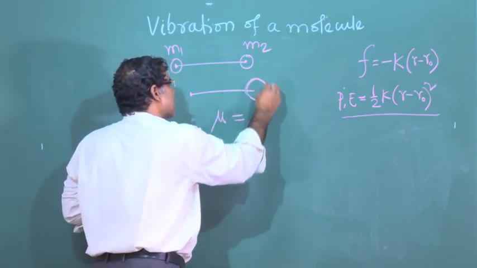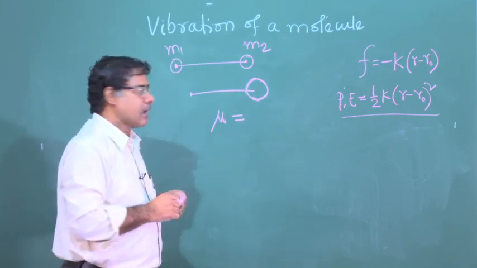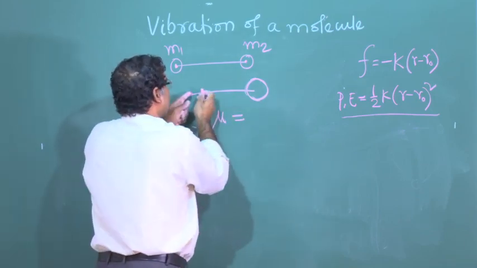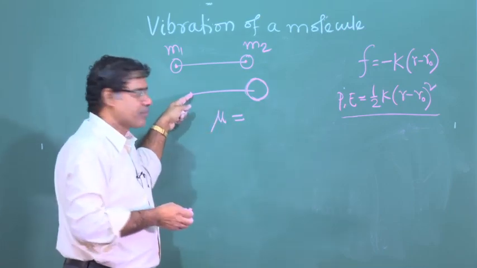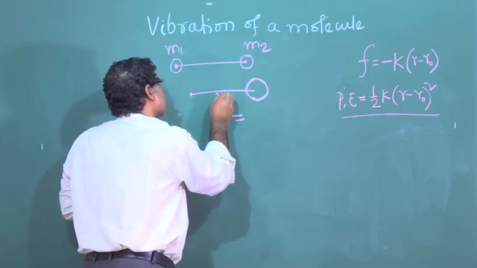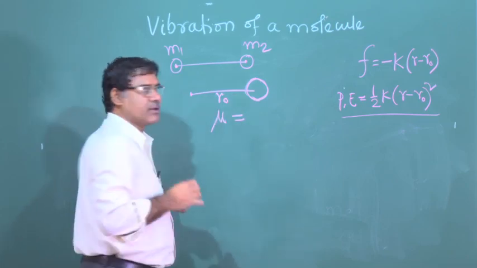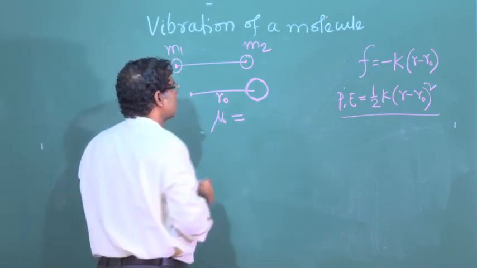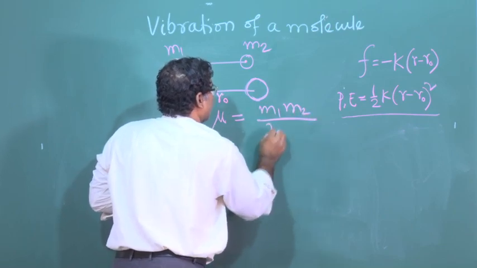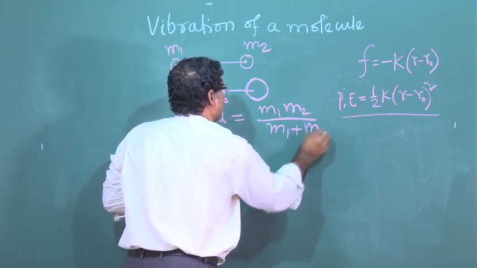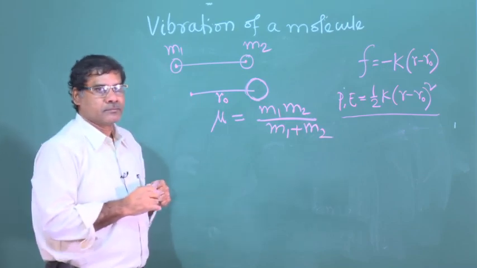This will be the reduced mass of the system, m1 m2 over m1 plus m2, and it will vibrate like a spring mass system with equilibrium distance r0.